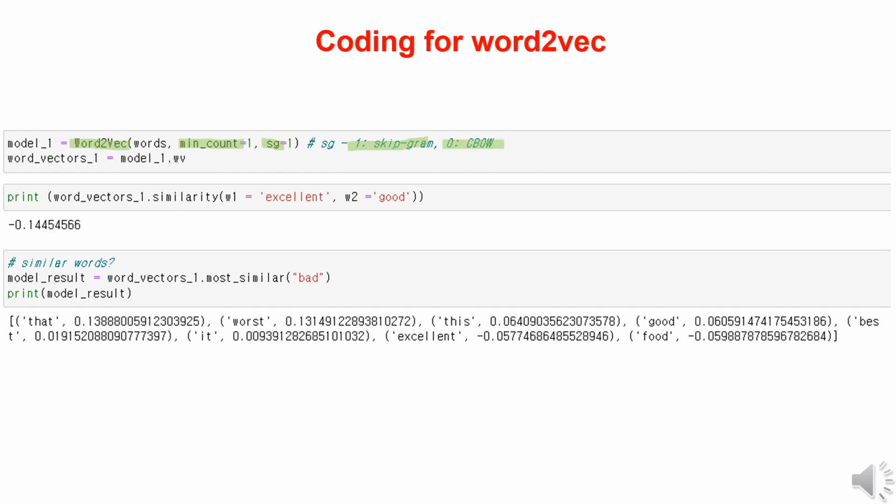Next, using the similarity command, we can calculate the similarity between two words, such as excellent and good, obtaining a value of -0.144. Additionally, the most_similar command enables us to retrieve words most similar to bad in descending order of similarity.